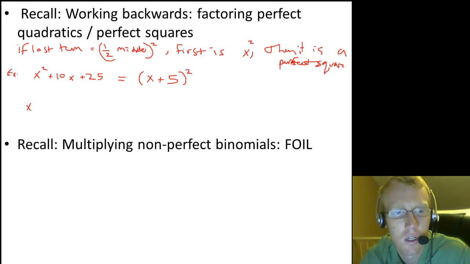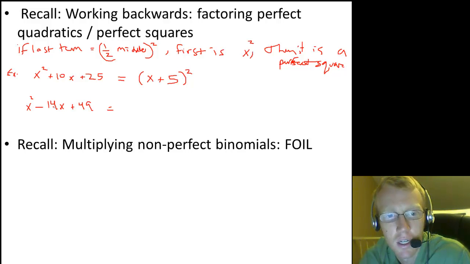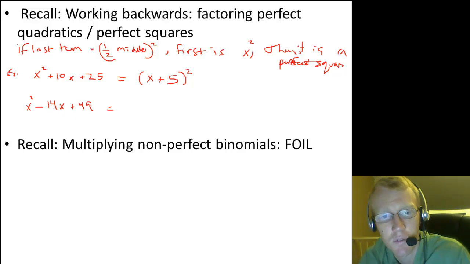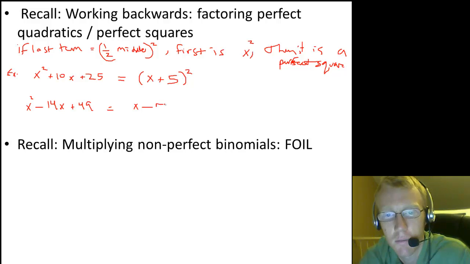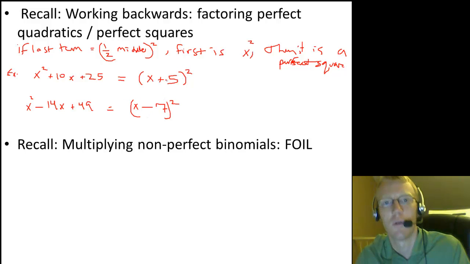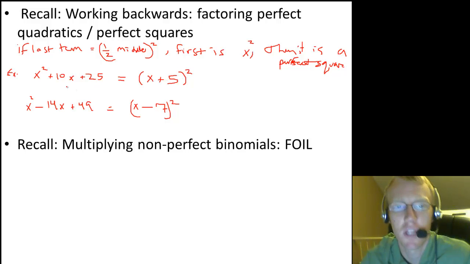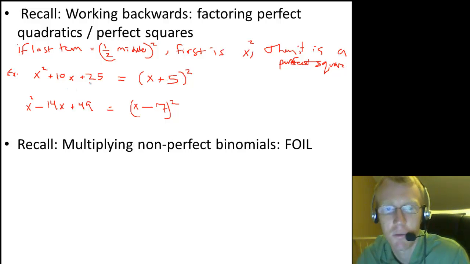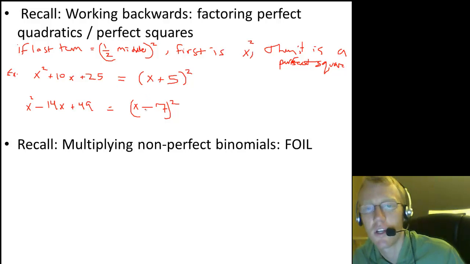Let's do one more. X squared minus 14x plus 49. So half the middle number is negative 7, and negative 7 squared is 49. So we get x minus 7 squared. So if they have this property where the last number is equal to half the middle number squared, then it's a perfect square and you can write it as such.